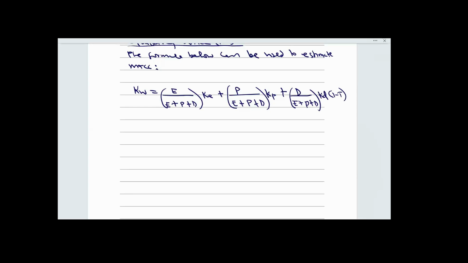That's it. This is the formula for calculating weighted average cost of capital.